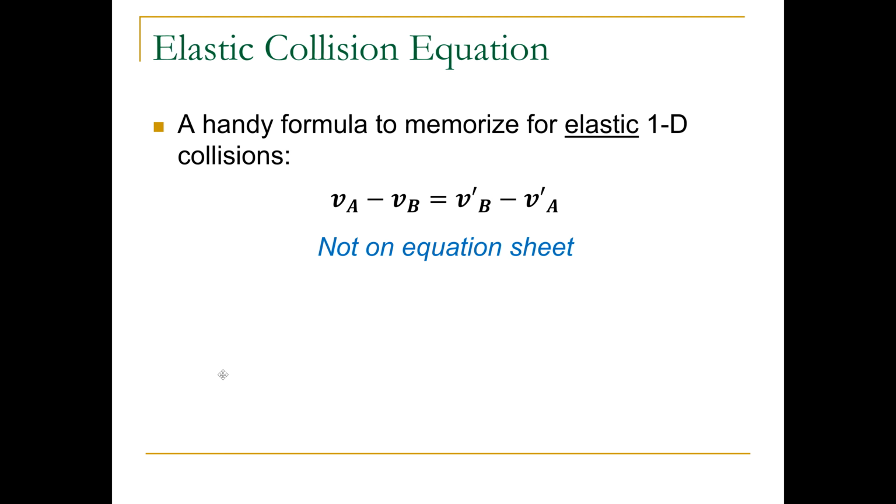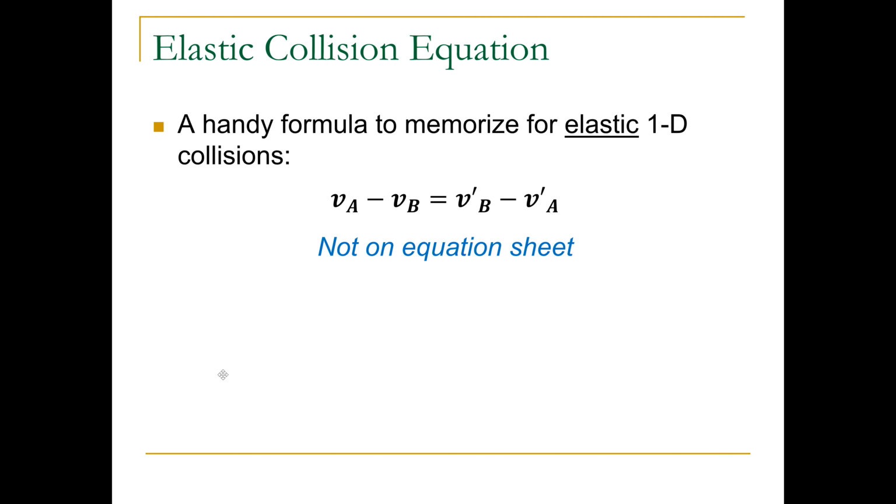So I mentioned before, with elastic collisions, momentum is conserved and kinetic energy is conserved. This is the only type of collision where kinetic energy is conserved. Trying to use 1/2 mv squared plus 1/2 mv squared is not super helpful. But we can actually derive the equation shown there from that conservation of kinetic energy and momentum. And this one is really useful.